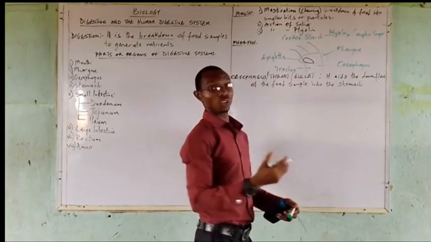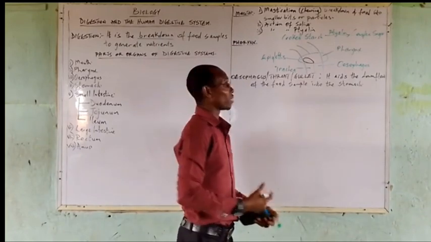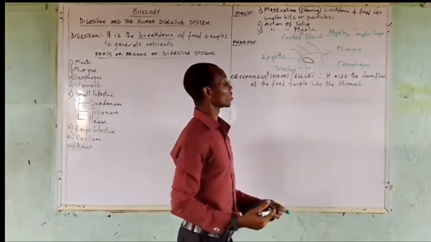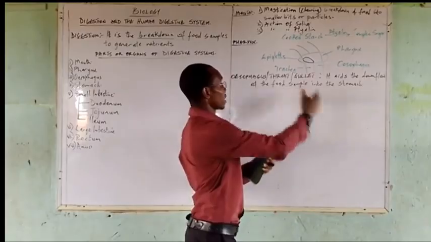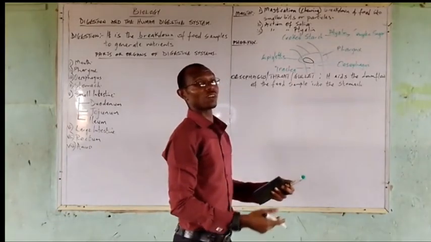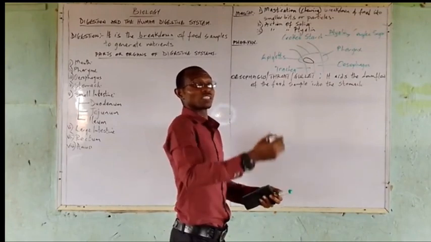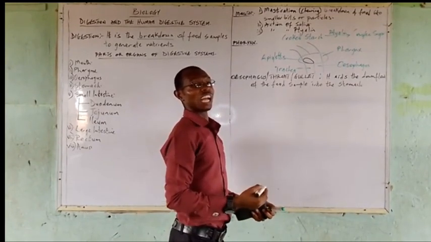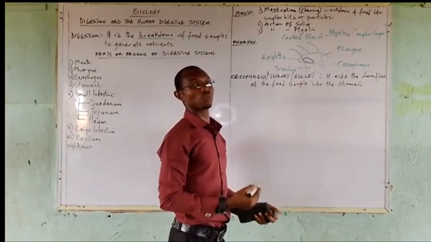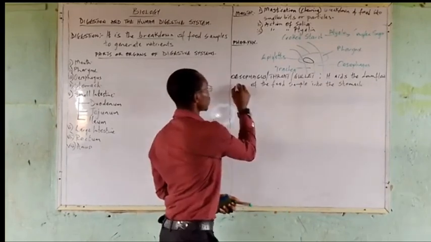The movement of that food down to the stomach, because it is a muscular organ, brings about continuous contraction and relaxation, which moves the food sample. The food sample is taken down into the stomach in a wave-like manner. You see the food moving down like this, in a wavy manner, like you can see.